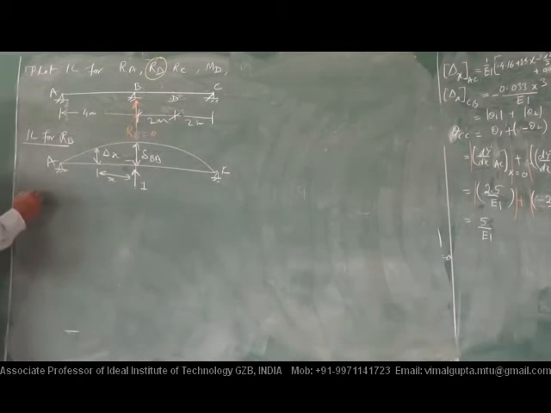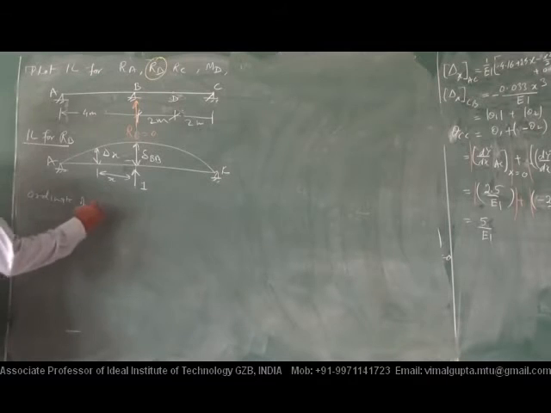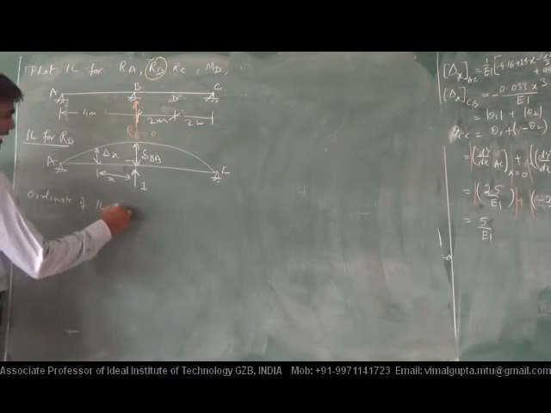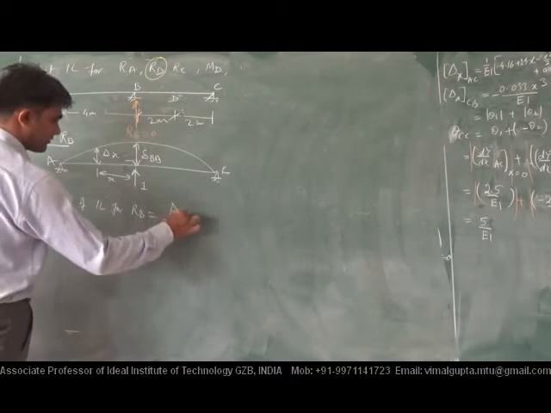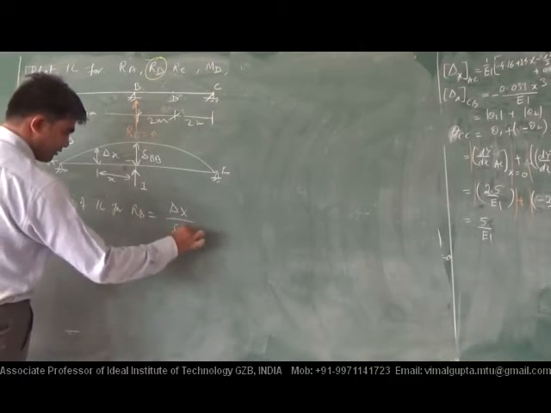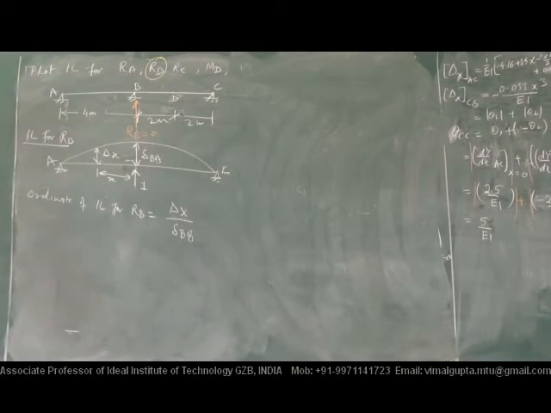Then the ordinate of IL for RB will be how much? Delta x divided by delta BB. Got it everybody? So we have to calculate. And what is the value of delta BB?